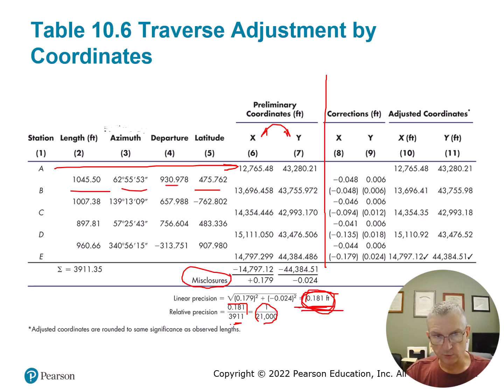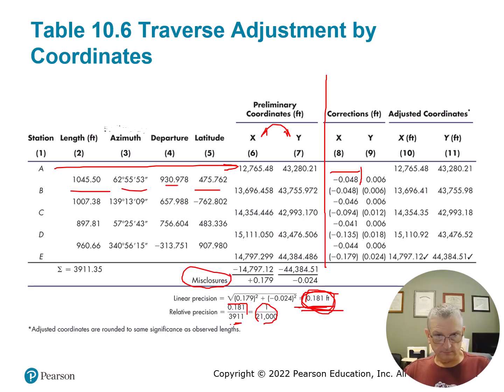Let's do that. That's 0.2673 of the error, which the X error is 0.179. So we're adjusting 0.0478, or here they are to 3 decimal places after they just told us to go to 4, but that would round to 0.048.